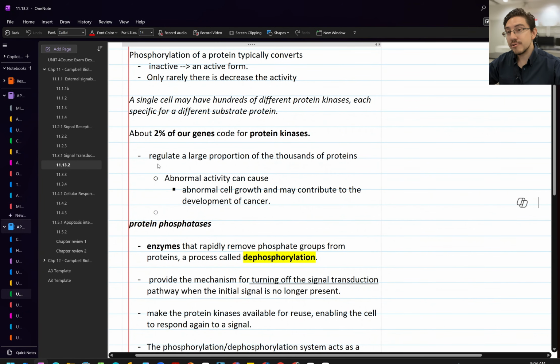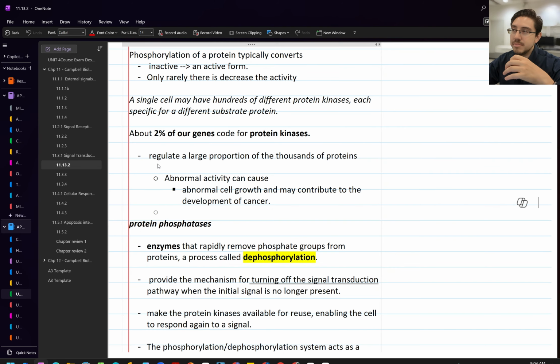Because there's a lot of variation, this is of particular importance in medical science and in medicine, because there are many disorders and diseases involved with mutations to these kinases that could lead to abnormal cell growth, cancer, and tumor development. So scientists monitor these types of proteins to figure out the root cause of certain diseases.